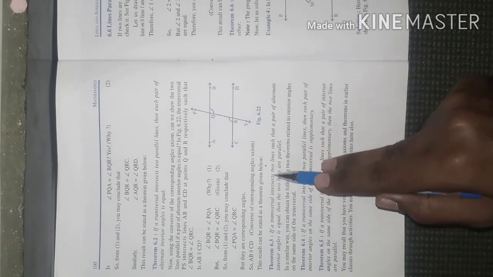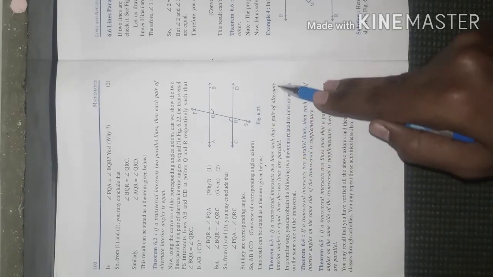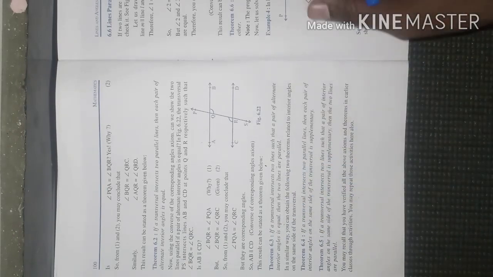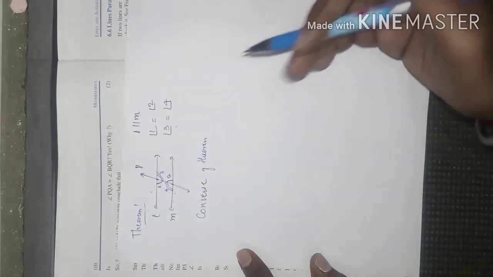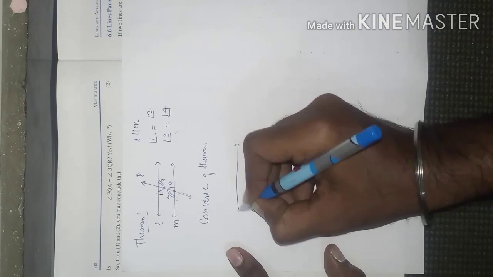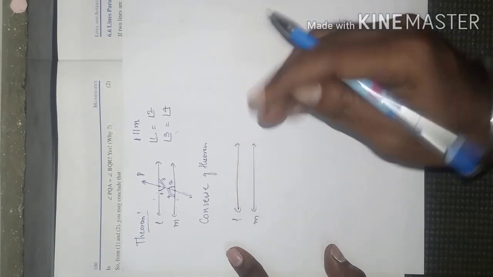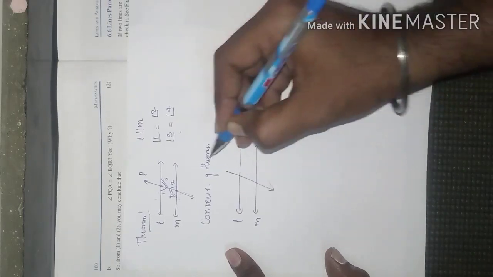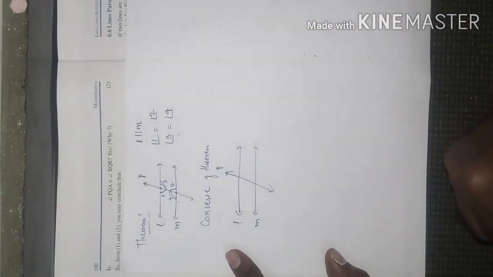This is the converse of the theorem. Let us see, these are two lines. I am not saying they are parallel, but they are two lines intersected by the transversal line P.